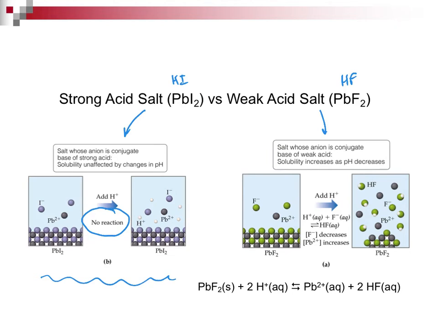But when we have the weak acid salt and we add a strong acid, just as I've shown on the preceding slide using 2 equations, the net result is this H+ is going to result in the dissolution of PbF2, and that is going to free Pb ion in solution. We can't go into the Flint water crisis, but again, what happened there is free lead ions were formed, which people drank, which can affect your cognitive abilities, okay?